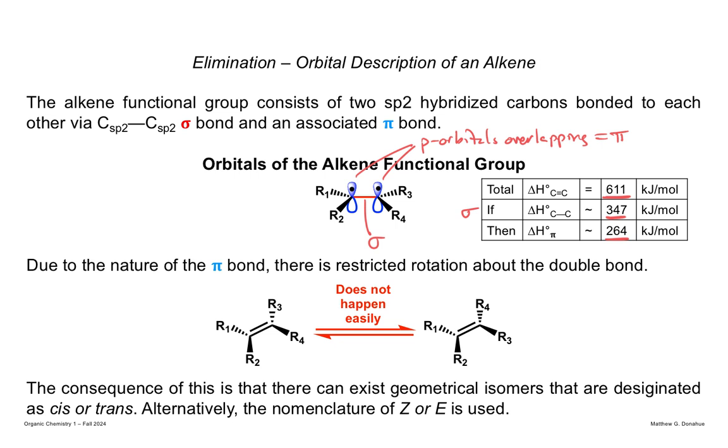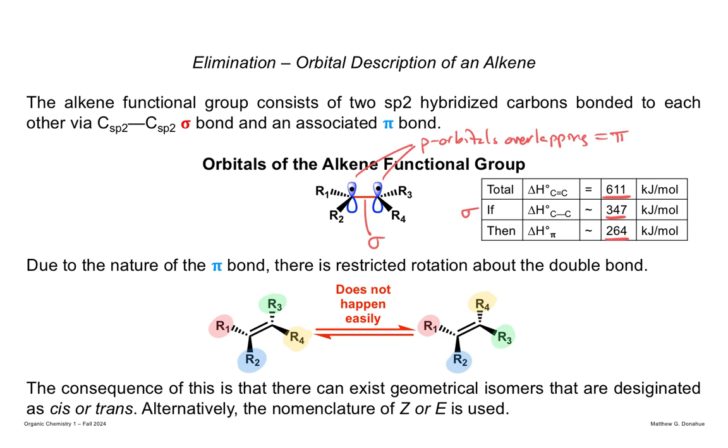Because that's pretty strong, as we see here, I'll do some coloring. So the nature of those four substituents: in the left one, R1 and R3 are on the same side, and on the right one, R1 and R3 are on opposite sides.